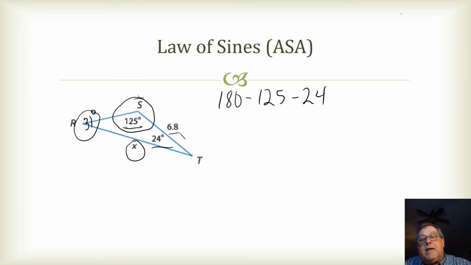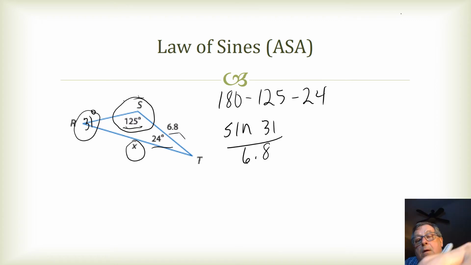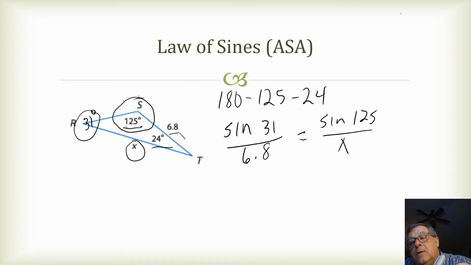And again, I can set up my ratios, my proportions here, and use that proportionality to solve for x. So I'd have the sine of 31 over 6.8, and that's going to equal the sine of 125 over x.